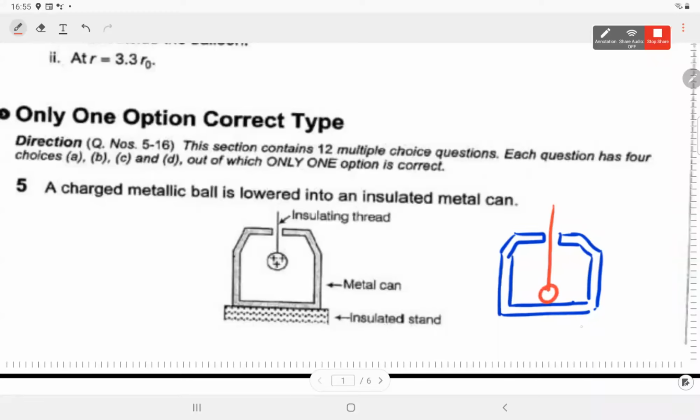And since metal cannot have charge on the inner surface, the whole charge will go on the outer surface. So this metallic ball's charge goes on the outer surface of the can. This is the first step.